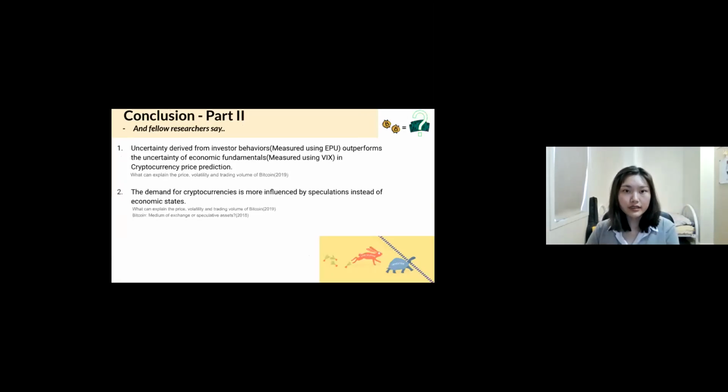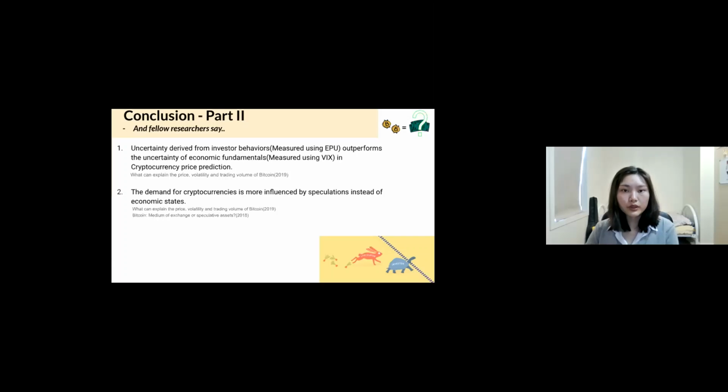Many researchers have suggested the uncertainty derived from investor behaviors outperforms the uncertainty of economic fundamentals such as VIX in cryptocurrency prediction. The first paper in the slides suggests EPU, or economic policy uncertainty, can improve the prediction of cryptocurrency.